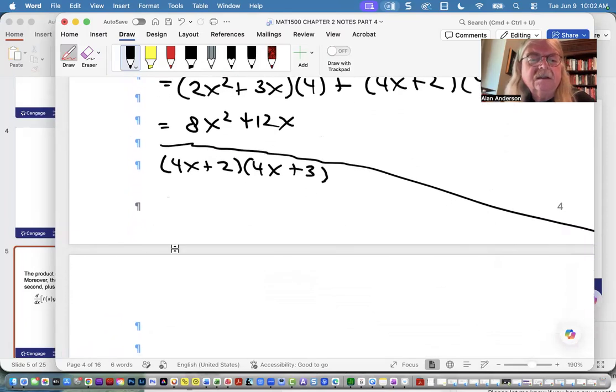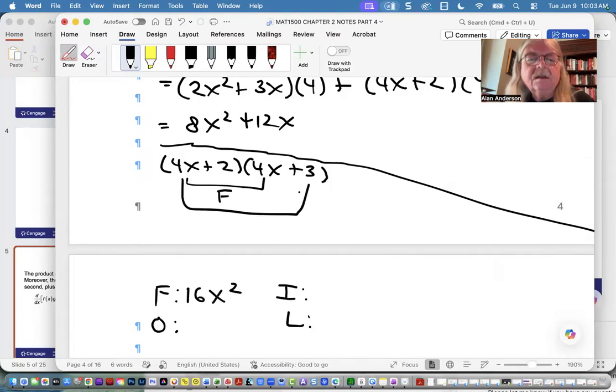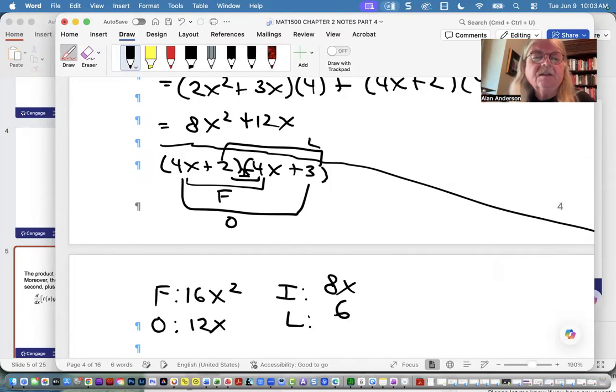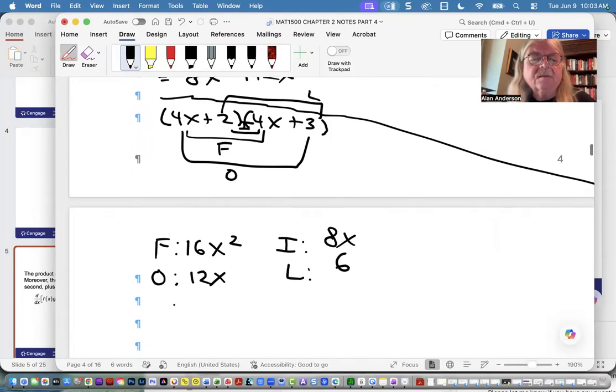Okay. F is here. That would be 16x squared. O is 12x. I is 8x. And then last is 6. So we consolidate those like terms.